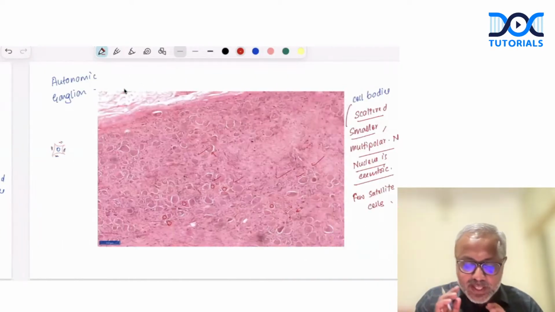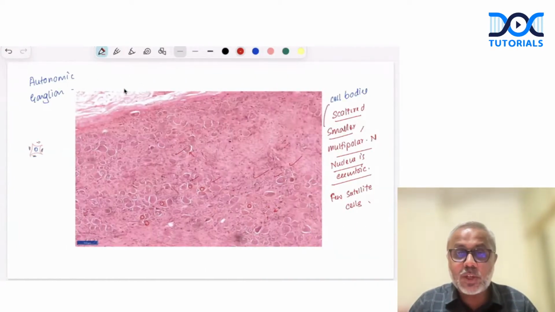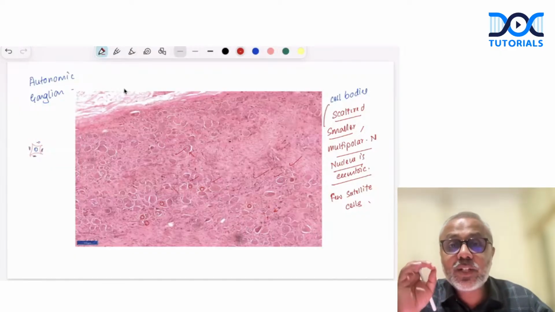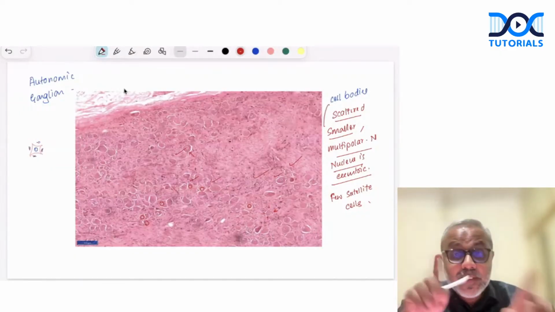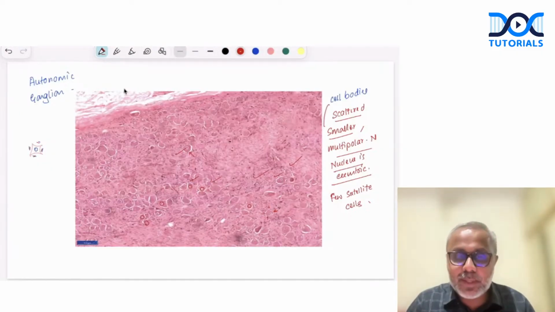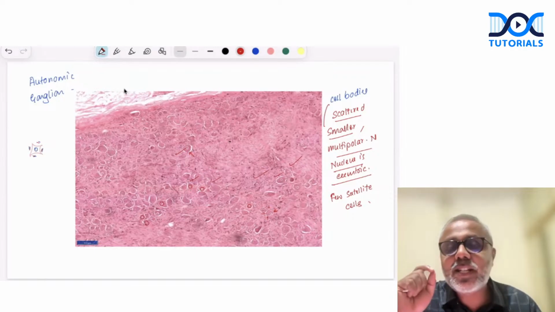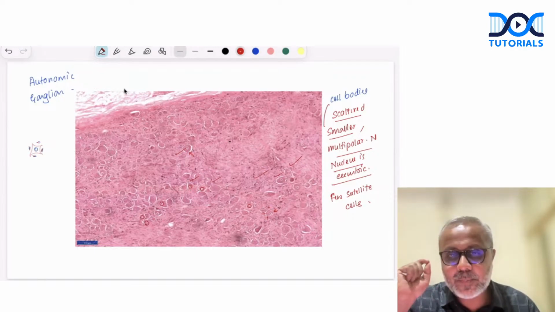Whereas when we see the section of autonomic ganglion, we see small multipolar neurons with a spiky projection or appearance because of their multipolarity. The characteristic position of the nucleus is eccentric, right?